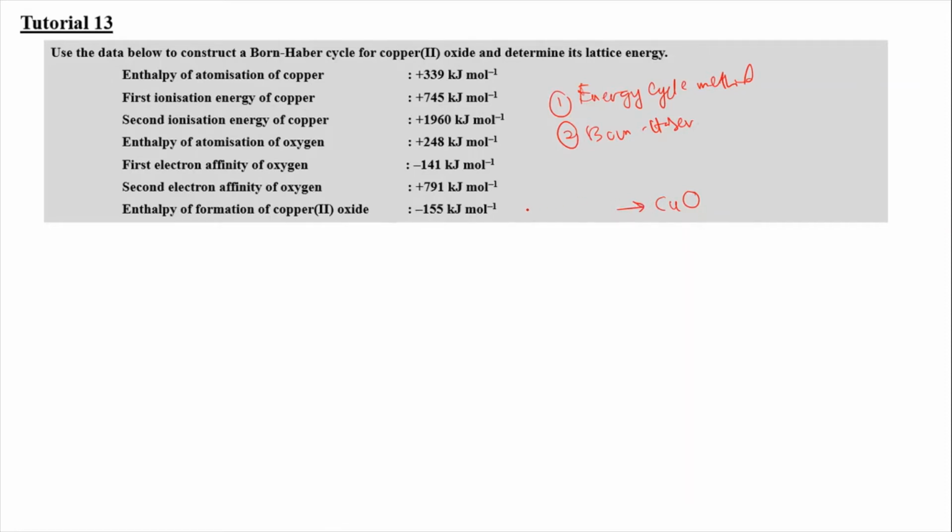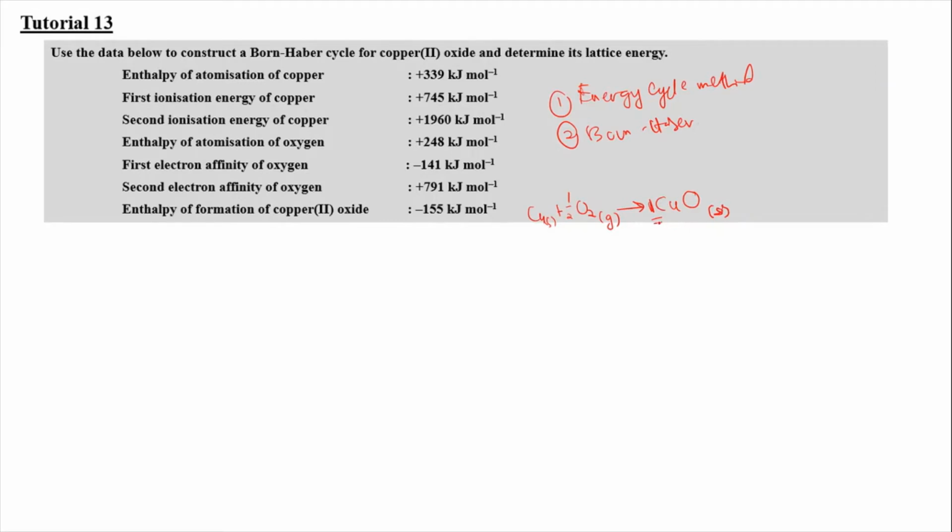Copper solid reacts with oxygen gas, and since it is 1 mole, we couldn't change the number of moles here. We have to change everything on the reactant side. So one copper here, and half of oxygen is needed to ensure that the number of oxygen is 1 on both sides. This one is in solid as well.